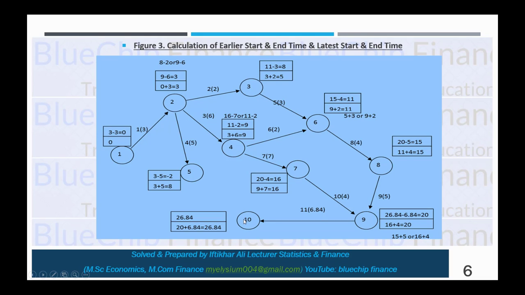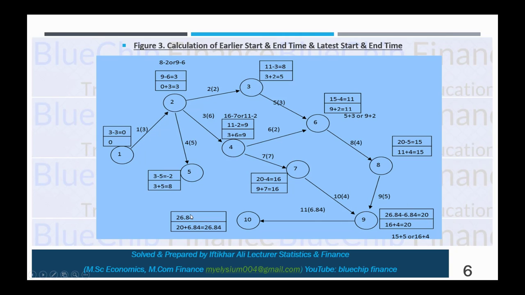So there are a lot of different directions in which you calculate the forward pass. One thing you must remember: whenever you calculate the forward pass, always take the maximum sum if there are different possibilities or choices of combinations coming to the same node.